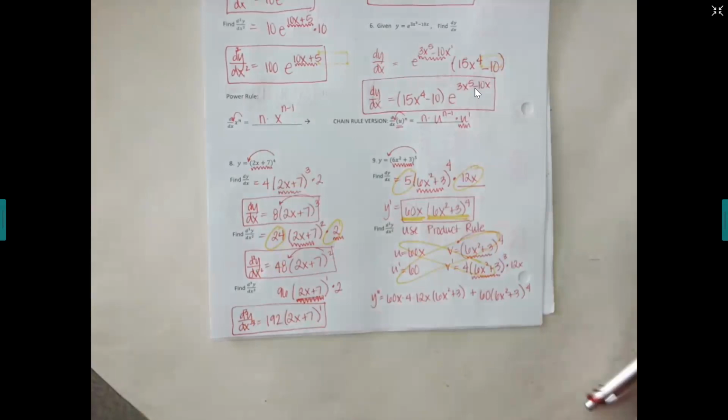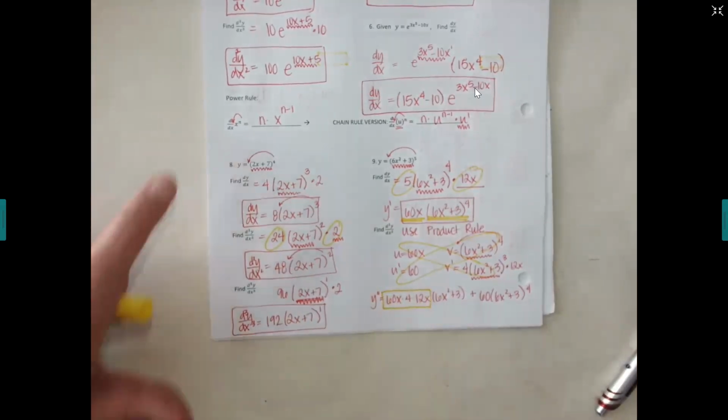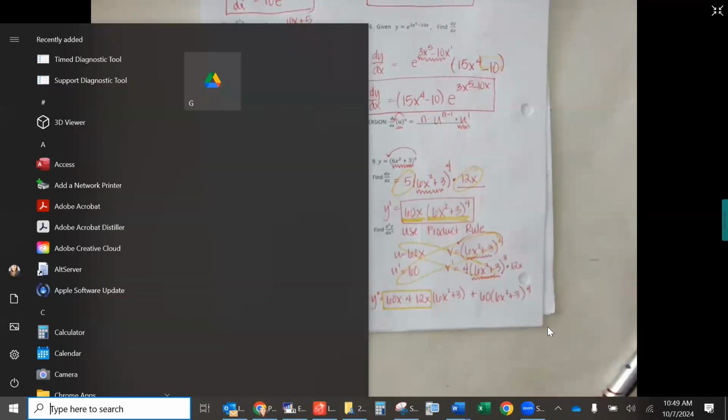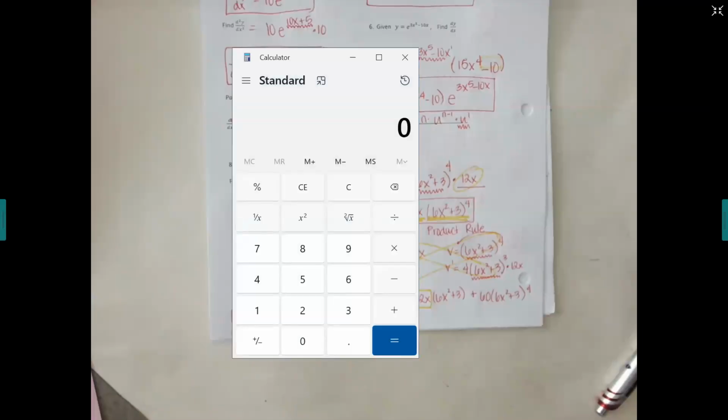Okay, then all that I would want you to do is times these pieces together. So I want 60x times 4 times 12. Please don't judge me, but let's just calculator that out. So we're doing 60 times 4 times 12.